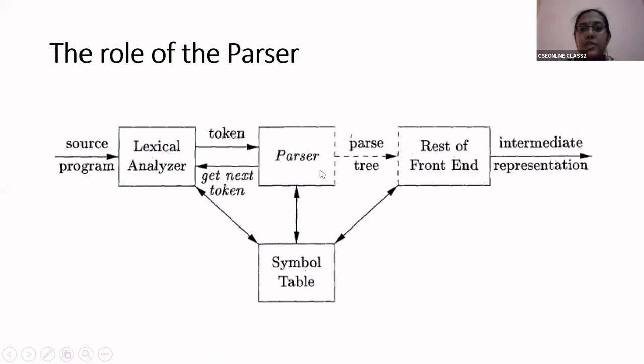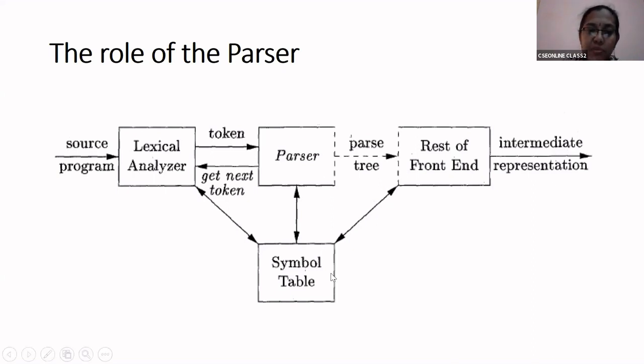So the parser performs two different operations. One operation is that it first of all checks for the errors. In later slides, we will see what different types of errors the parser checks for. Meanwhile, it constructs a parse tree using the grammar for a given input string, and then passes it to the rest of the phases of the compiler.